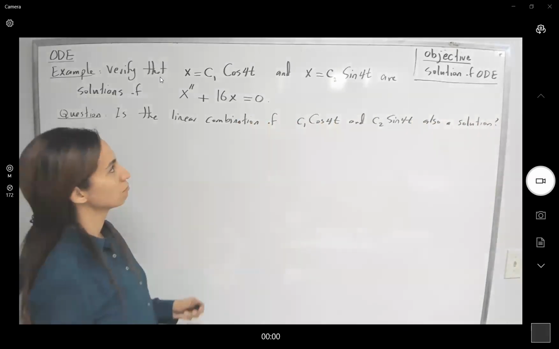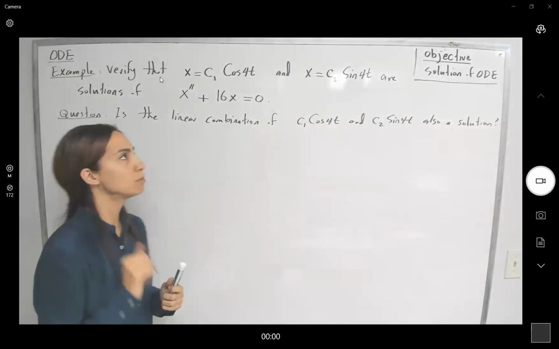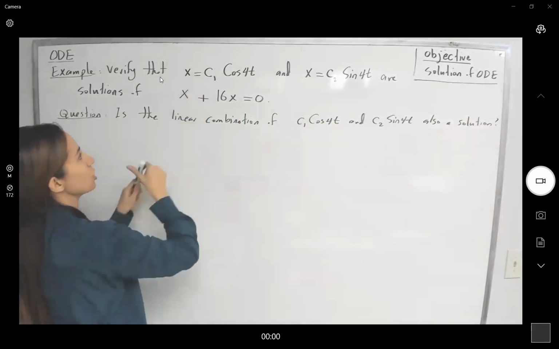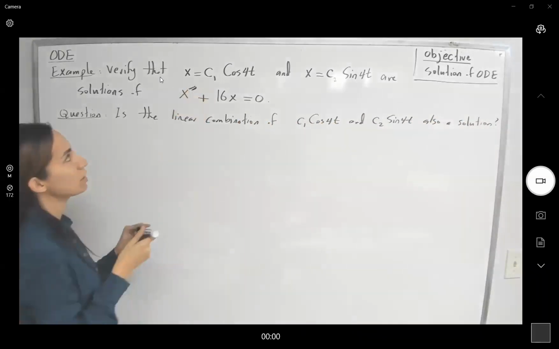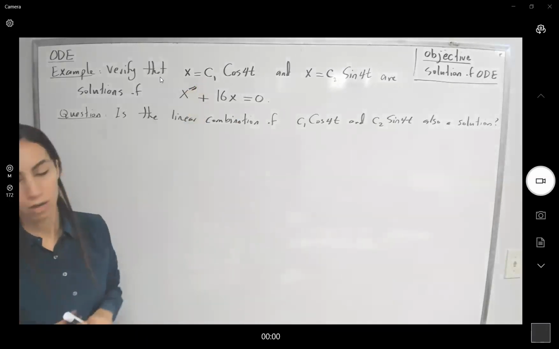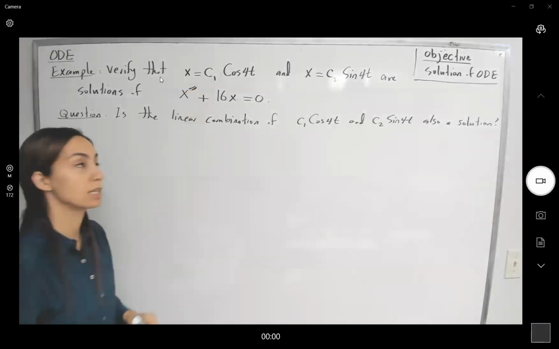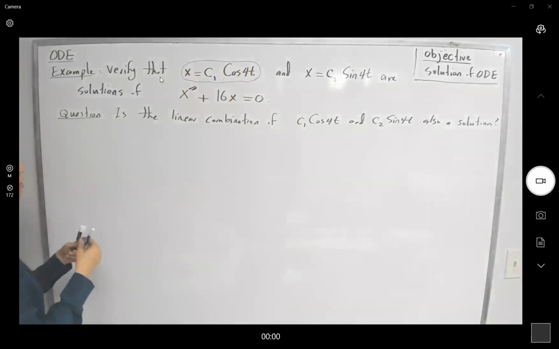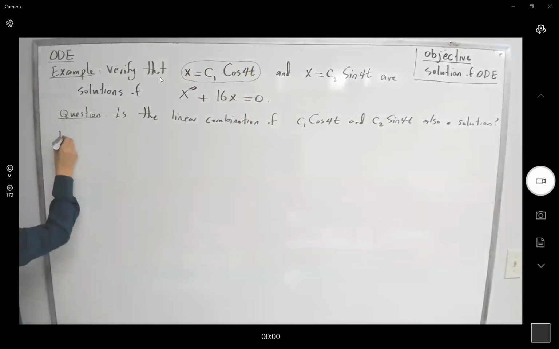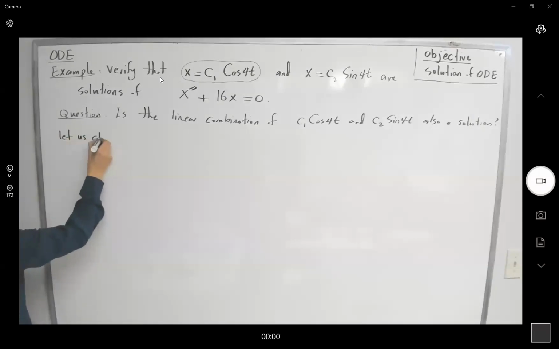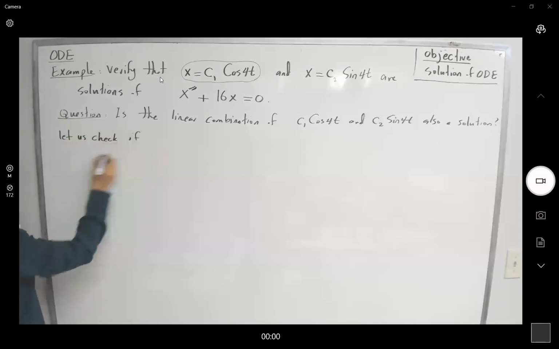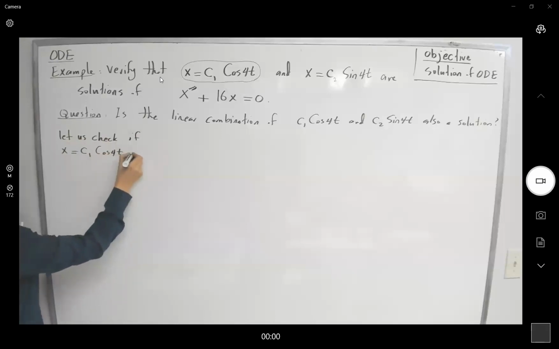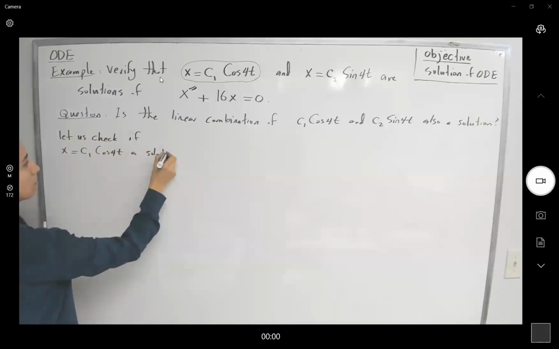Okay. So I have two possible solutions. One of them is x equals c1 cosine 4t. Let us check this one first. Let us check if x equals c1 cosine 4t is a solution.